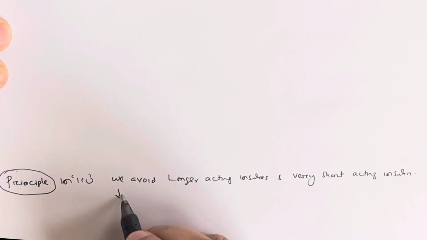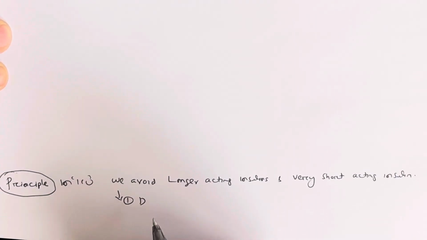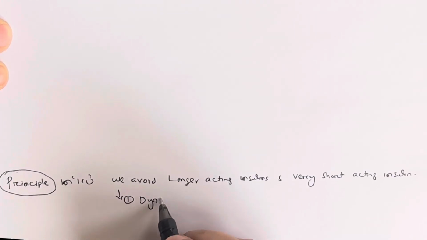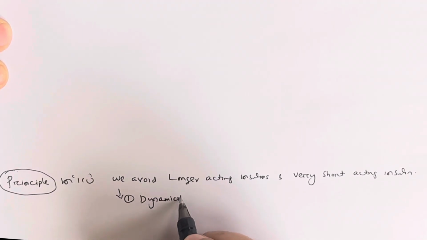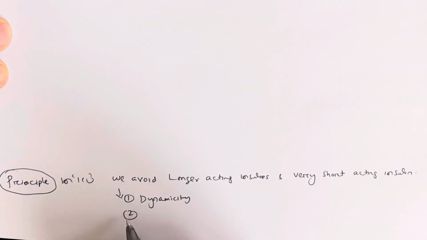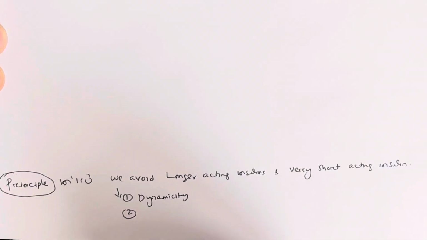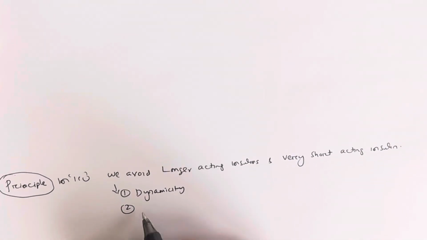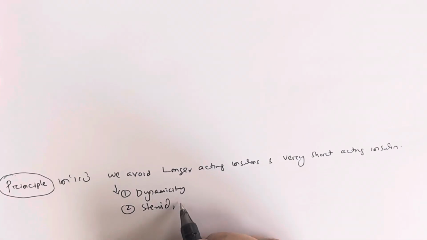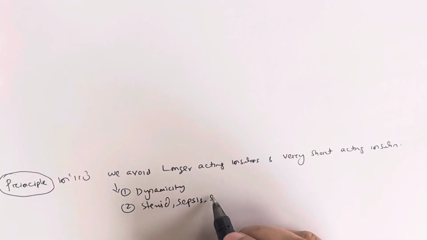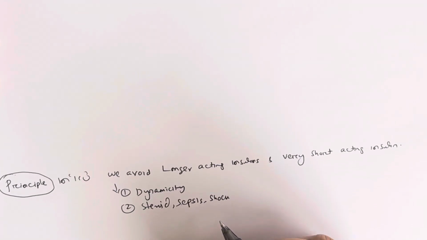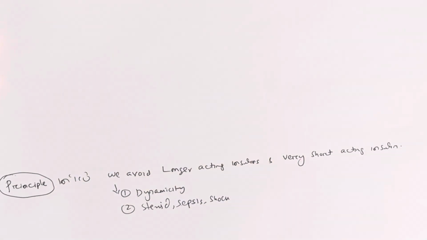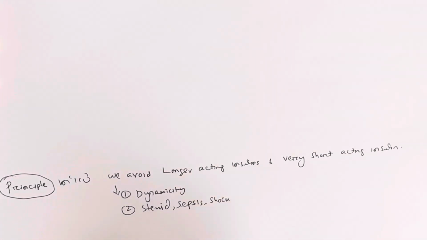Because of the dynamicity of the patient's clinical condition. For example, the insulin requirement may increase. For example, you gave the patient steroid, the patient developed sepsis, right? There is shock. So the requirement of insulin may be decreased or increased based on your intervention.